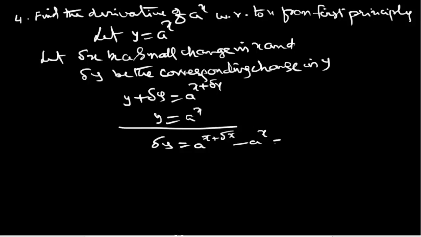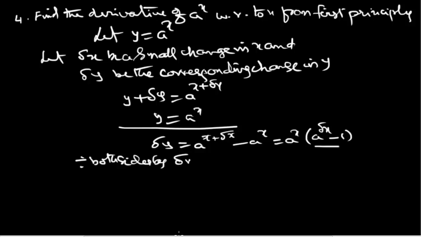By indices, a power x can be taken as a factor: a power delta x minus 1. Now divide both sides by delta x and take limits as delta x tending to 0.